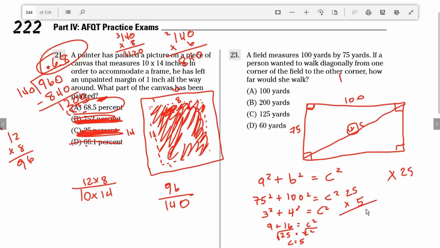5 times 5 is 25, carry the 2. 5 times 2 is 10, plus 2 is 12. So we know this actual distance is 125 yards. Okay? Again, you have to be pretty comfortable using little tricks like this to make the math easier.